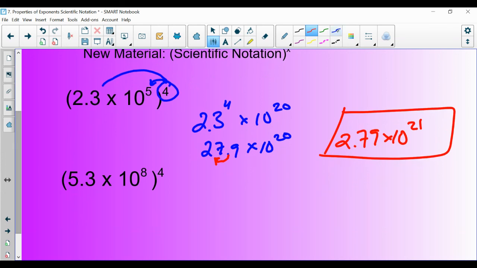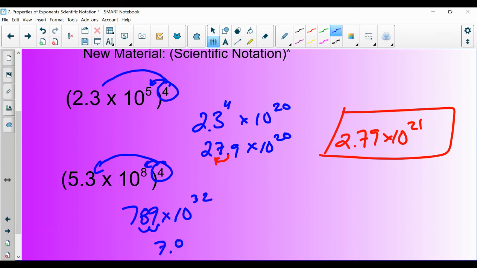Last problem we're going to do today, same idea. You're going to take this to the fourth power and apply it to the 5.3 and to the 8. 5.3 to the fourth power is 789 times 10 to the 32. Now, in this problem, the decimal place would be here. In order to get it to be a number between 1 and 10, you'd actually have to move the decimal place over twice.